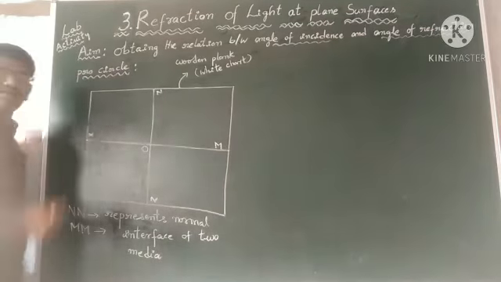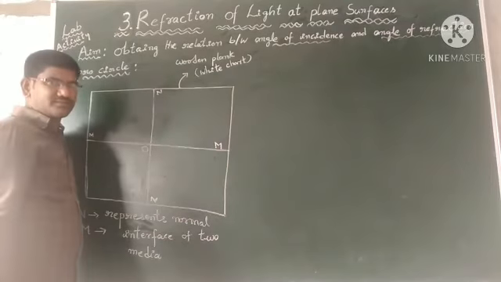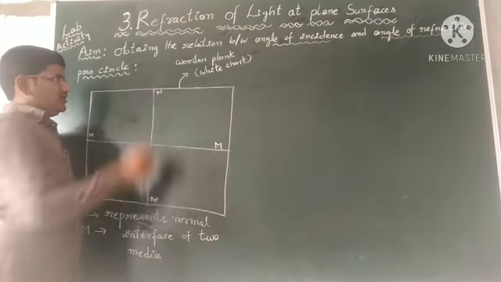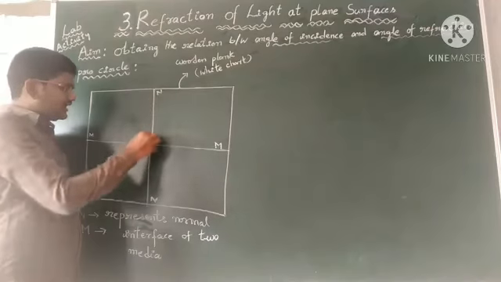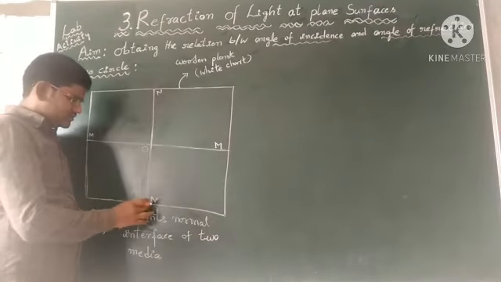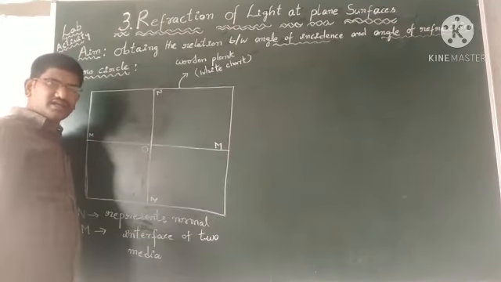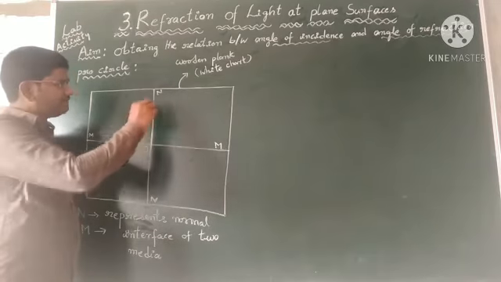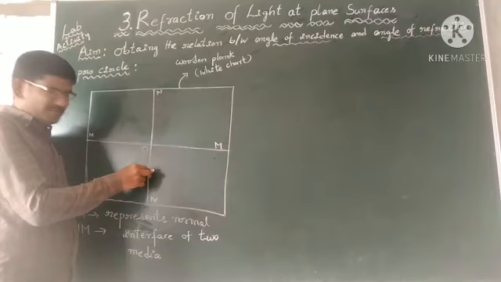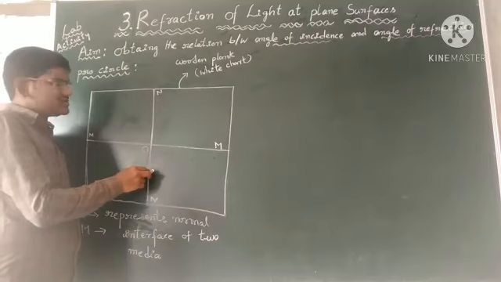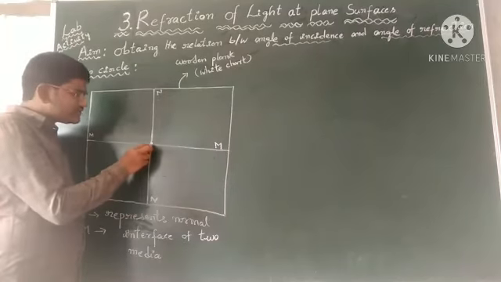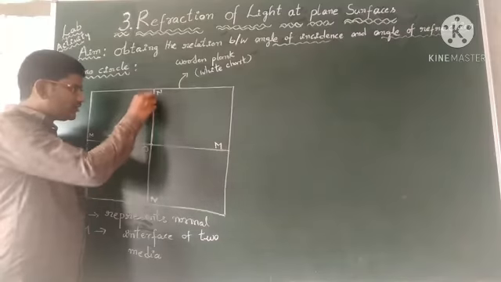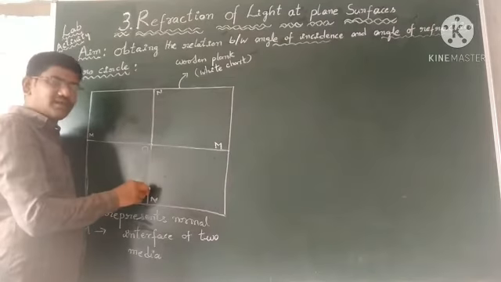Now take a protractor, keep it along the line NN, such that its center coincides with O and the diameter coincides with the line NN.